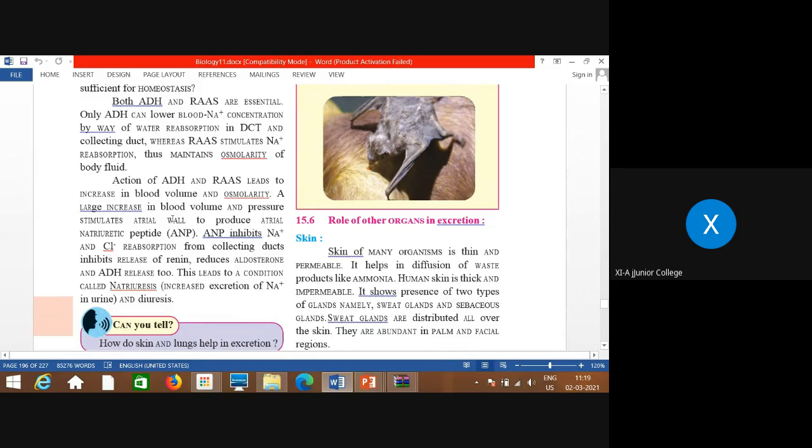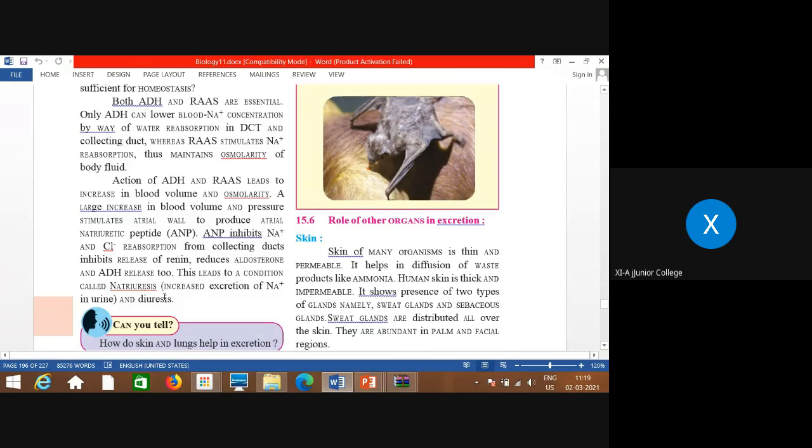A large increase in blood volume and pressure stimulates the atrial wall to produce atrial natriuretic peptide, ANP, which inhibits Na and Cl reabsorption from the collecting ducts, inhibits release of renin, and reduces aldosterone and ADH release too. This leads to a condition called natriuresis, that is increased excretion of Na in urine, and diuresis.